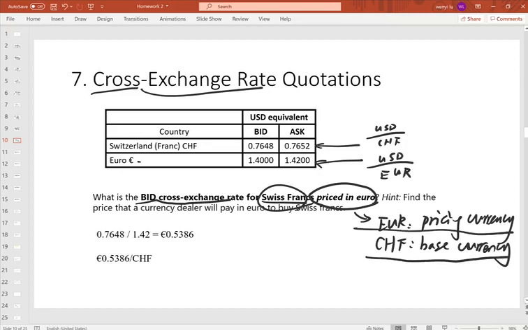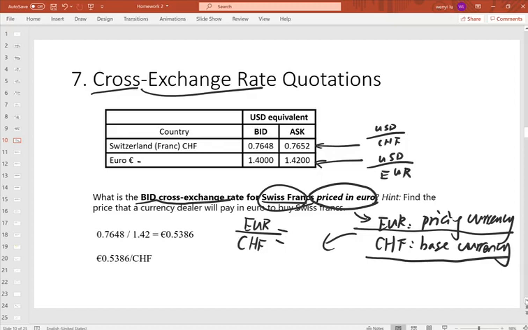If you are clear about which is the pricing currency and which is the base currency, you can always write down the quote easily. So it should be EUR to Swiss franc, and that's the cross rate we want to solve.